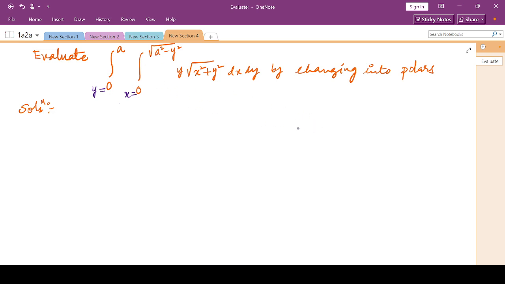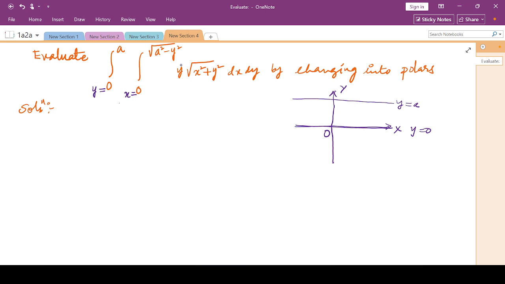First you can draw the x-axis and y-axis, origin, and you know that y is equal to 0 is the equation of the x-axis. And y is equal to a is somewhere here. This is y is equal to a.